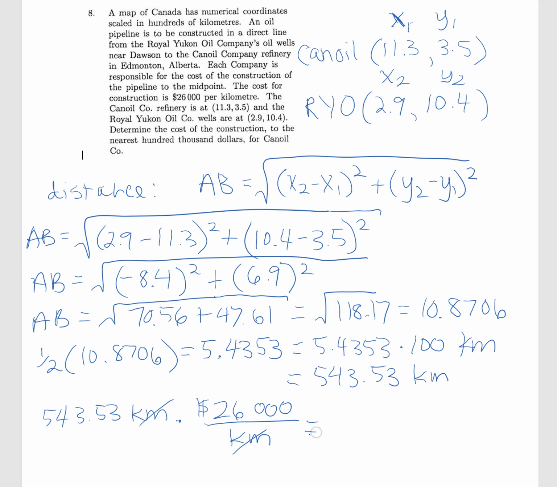So multiplying 543.53 times $26,000 gives us, if we round to the nearest $100,000, $14,100,000. All right, so that's the answer for the cost of construction for Can Oil Company to the nearest $100,000.